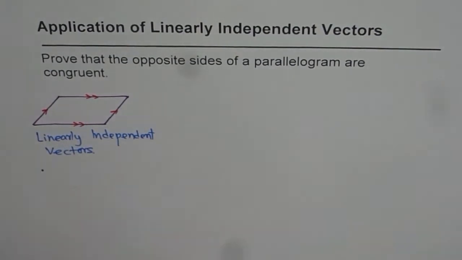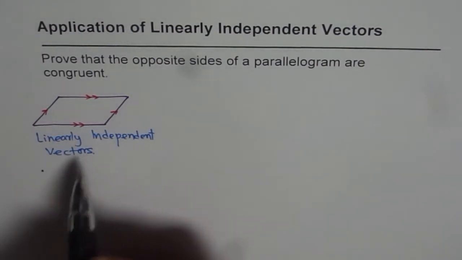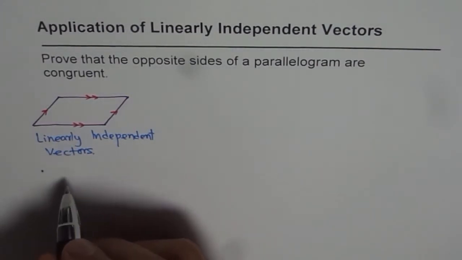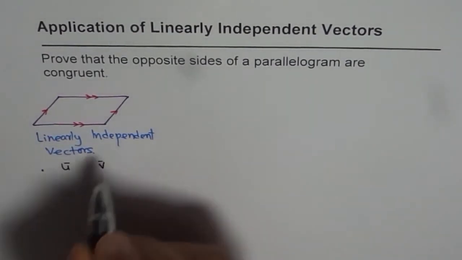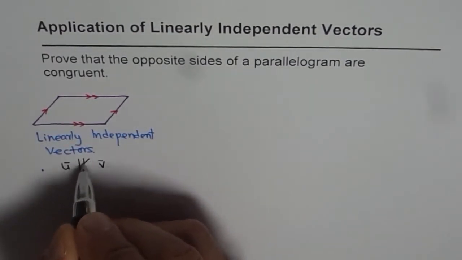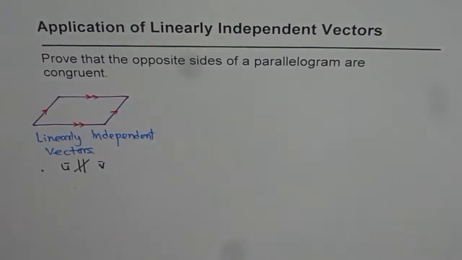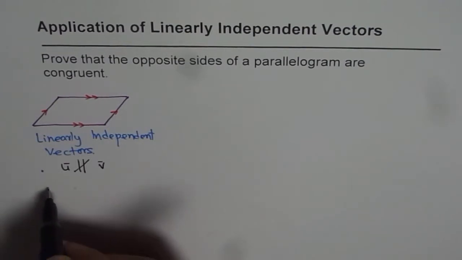What we have learned about them is, first, we know that vectors are linearly independent if they are not parallel. So let us say there are two vectors u and v. If we say they are linearly independent, that means they are not parallel, correct? If they are parallel, then they are linearly dependent.